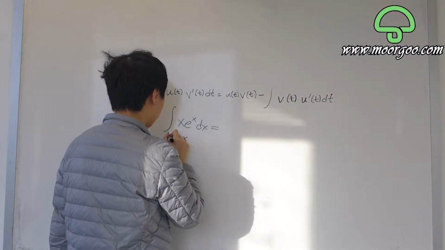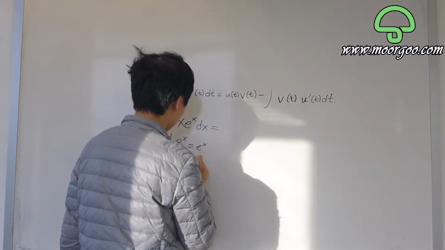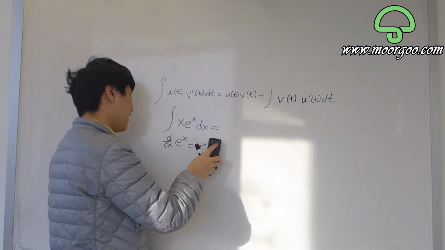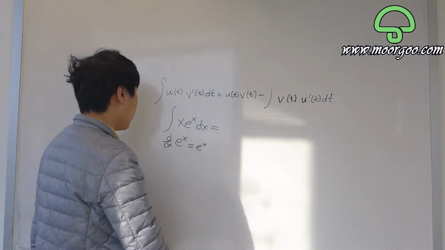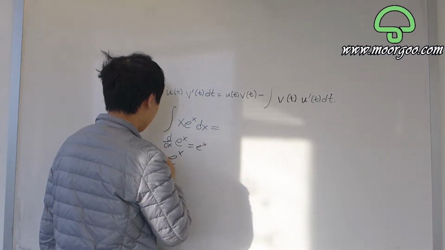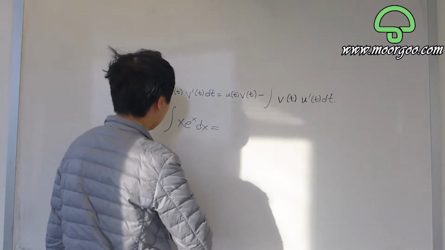We think that choosing e to the x as v prime of x might be the right choice.